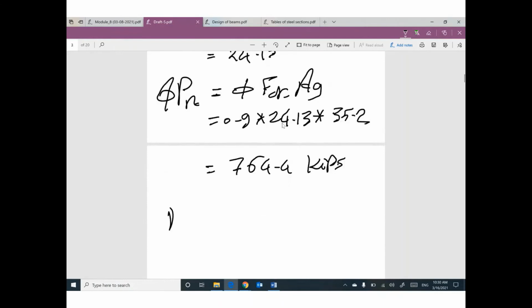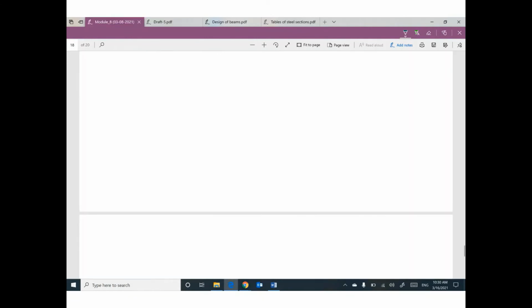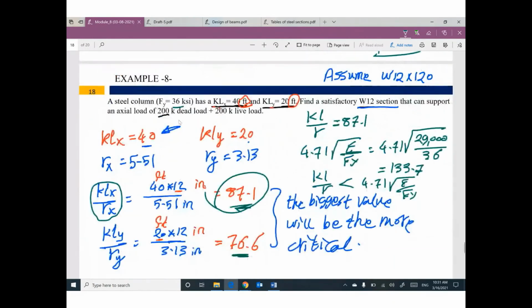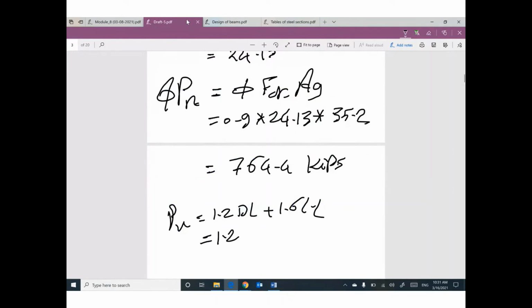What about P ultimate? 1.2 dead load plus 1.6 live load. The dead load value is 200 kip, live load is 200 kip, you are lucky. Okay, so 1.2 times 200 plus 1.6 times 200 will be 560 kip.